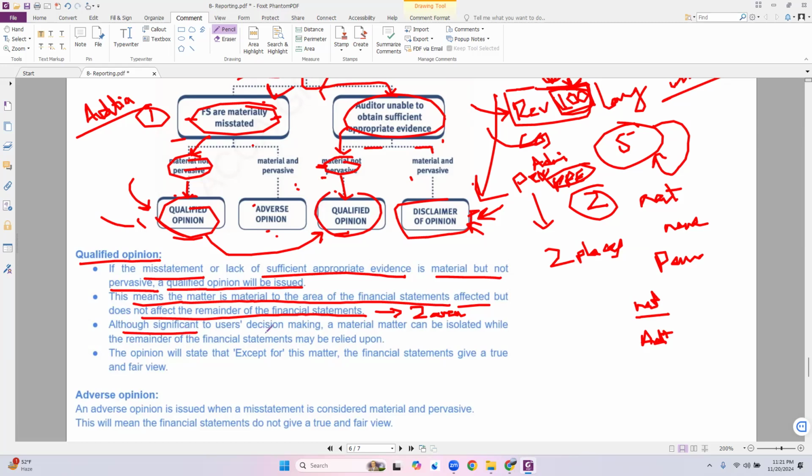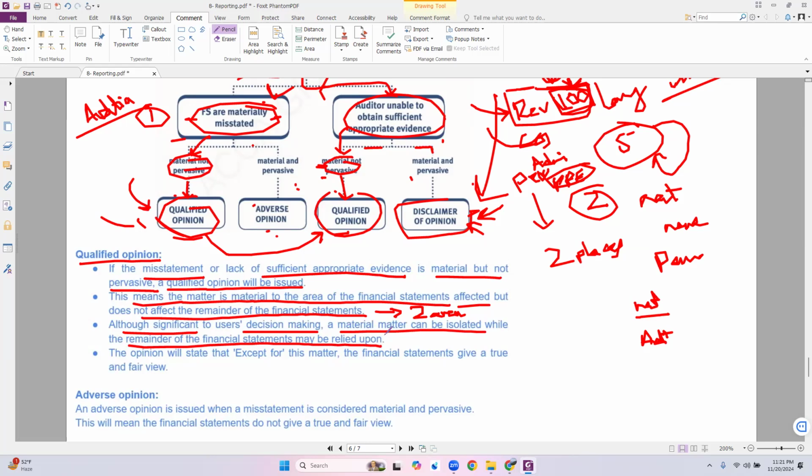Although significant to the user's decision making, a material matter can be isolated while the remainder of the financial statements may be relied upon. Exactly as I told you, if the error is in one or two places, as an auditor, you cannot say that all the financial statements are incorrect because the users might be able to rely upon the rest of the financial statements.